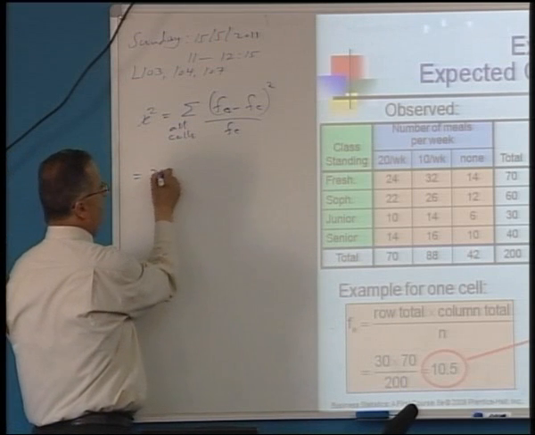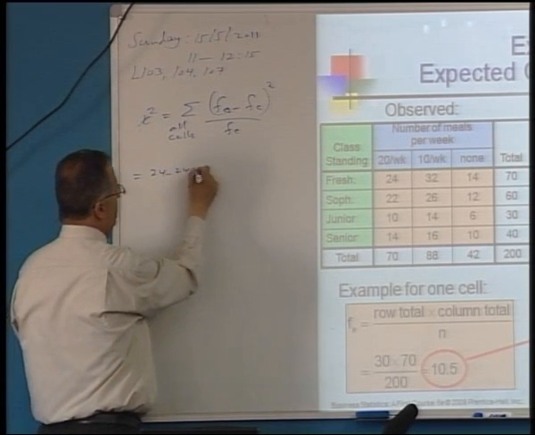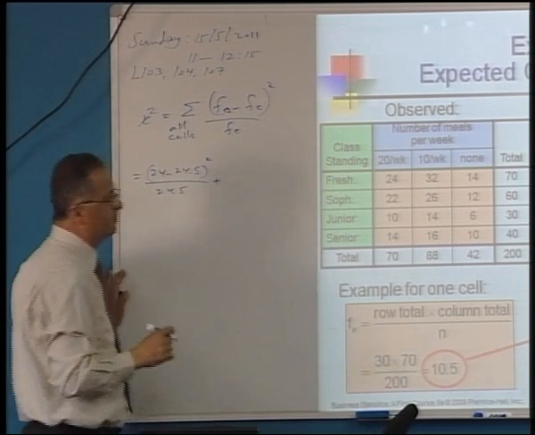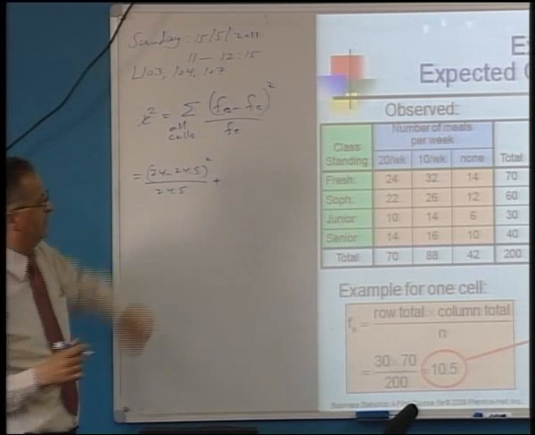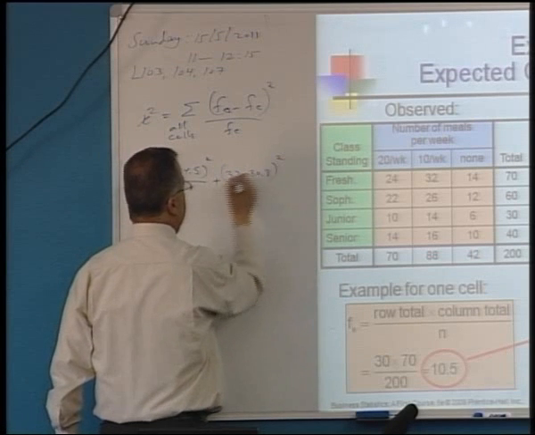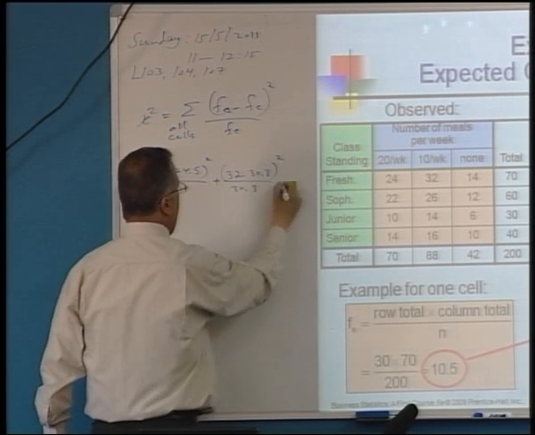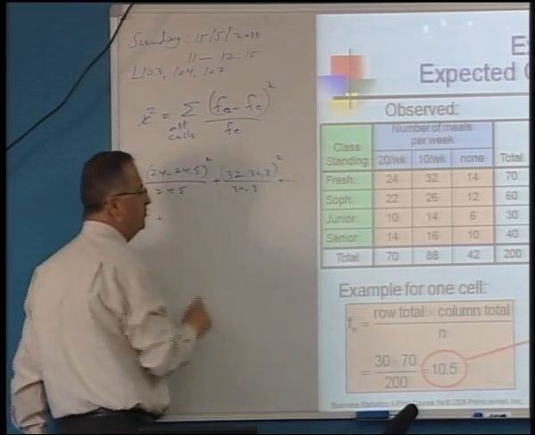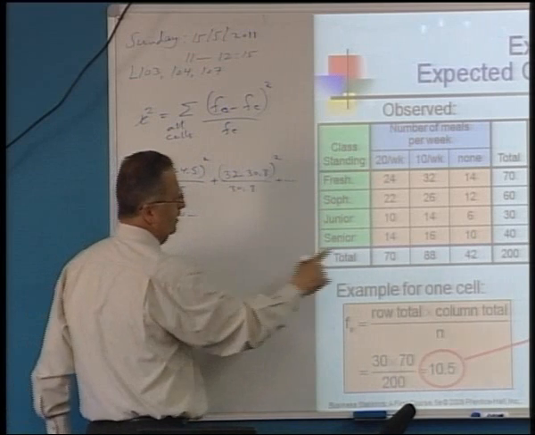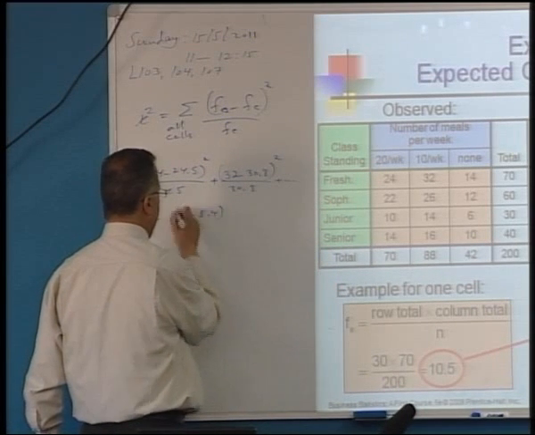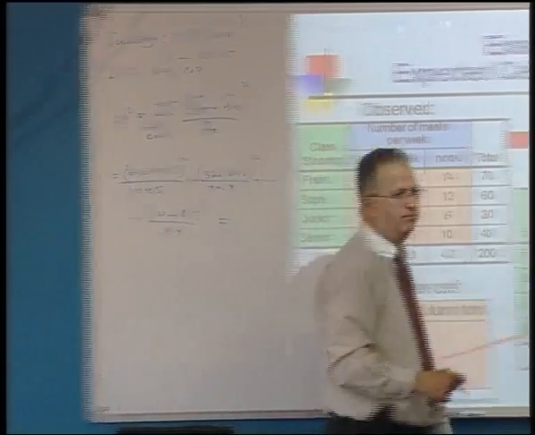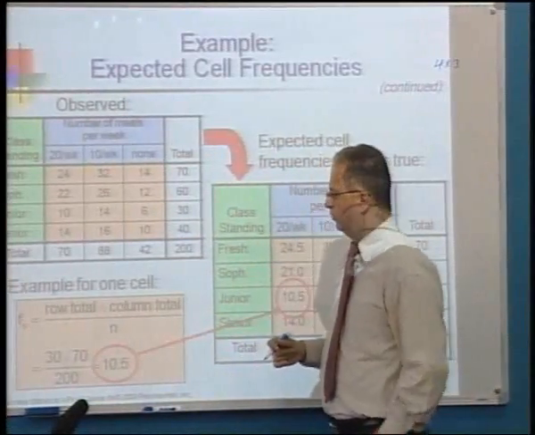So the first one is 24 minus 24.5, squared, plus the second cell, 32 minus 30.8, squared, plus all the way up to the last cell, which is 8.4. So it takes time. But again, for 2 by 2, it's straightforward.